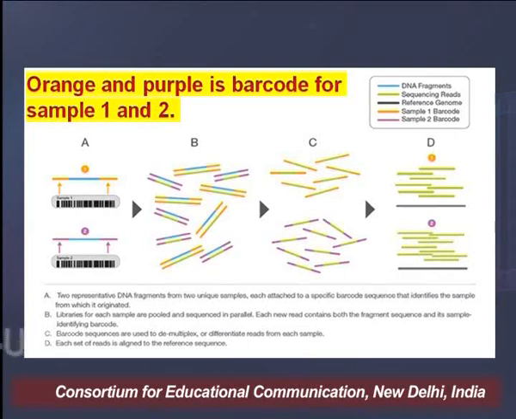In the first round itself, I have added 2 barcode sequences here. One is orange and the other one is purple. In the very beginning, if I know my barcode sequences, orange and purple, I would be able to identify that all these sequences belong to this sample. This picture explains multiplexing, where we mix them together after the initial assignment of the barcode sequence, and in demultiplexing we sort out which sequence belongs to which sample.